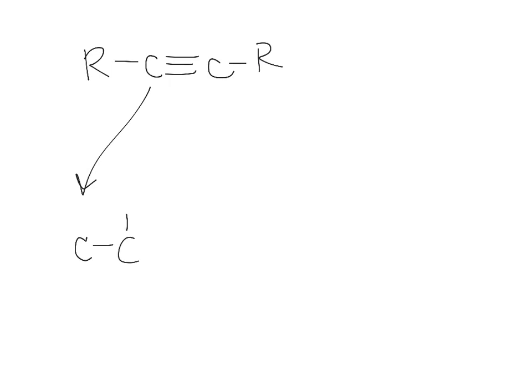So if you have an alkyne, you can either reduce it all the way down to an alkane, and there's no stereochemistry implied here because you have 2 hydrogens on each end.